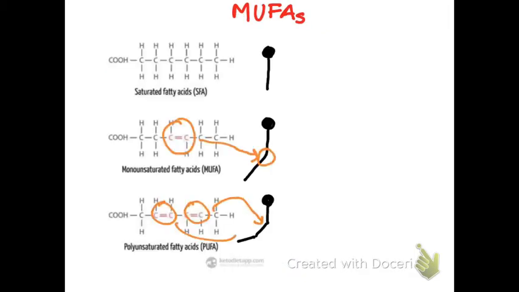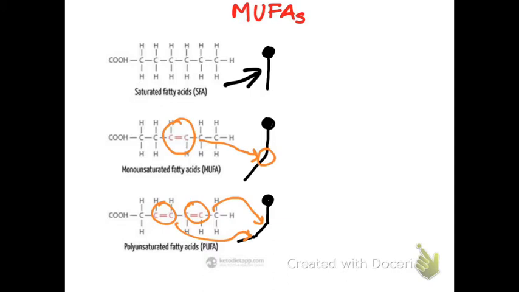Okay, here I show you the structure of a monounsaturated fatty acid. You can see that a monounsaturated fatty acid contains one double bond, and then you can see at the right a typical structure of a fatty acid. In the saturated fatty acid, you can see here there is no double bond, and then the molecule is straight.